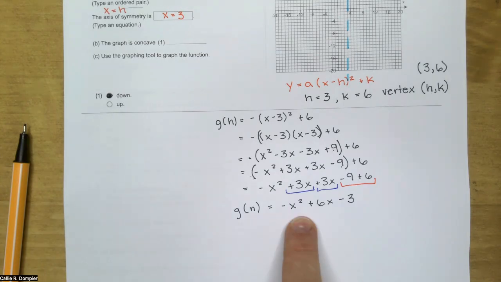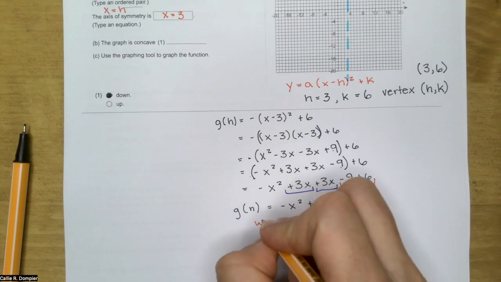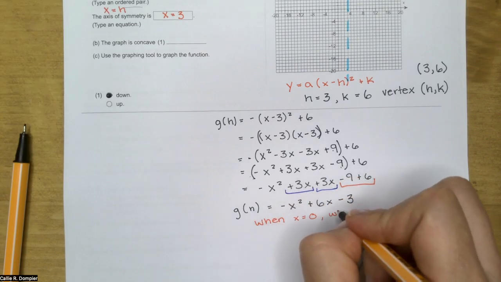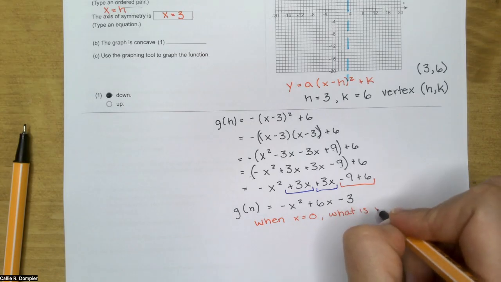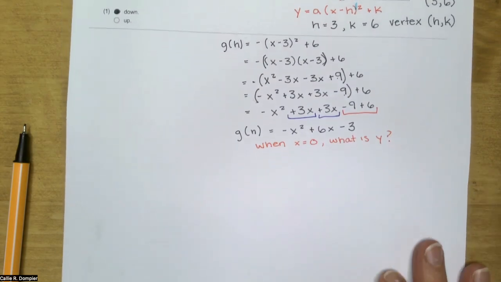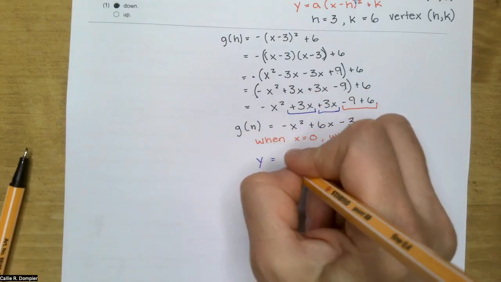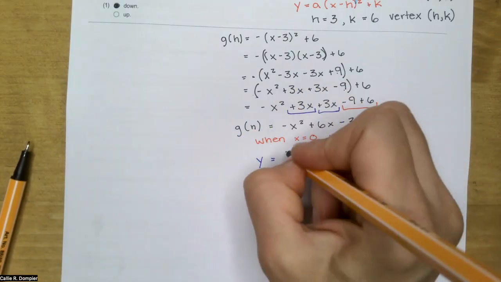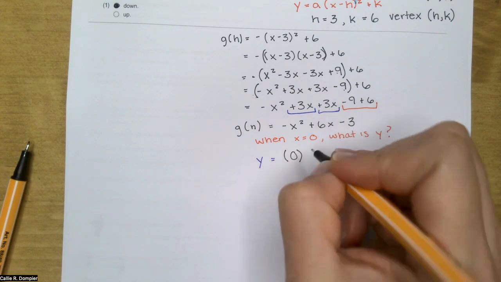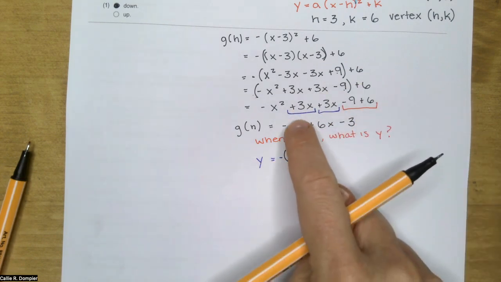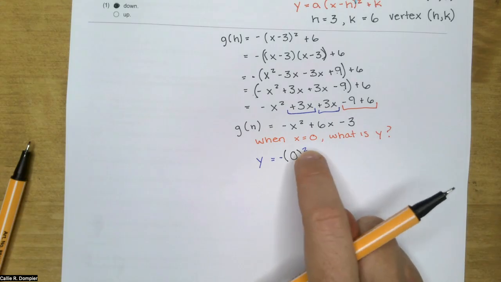Again, I like to just put in 0 for x. What is y? Instead of g of x, I'm going to call it y. Y equals negative, and instead of the x, I'm putting in the 0 squared.